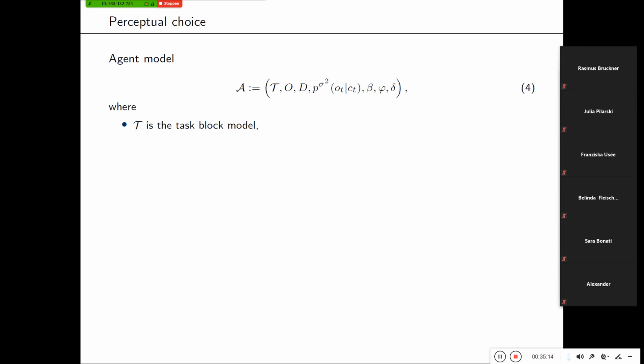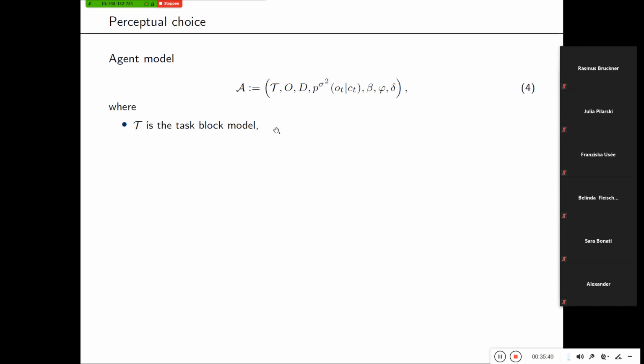So what we assume that the agent has access to is not the state, but the contrast difference, because we assume that it can, based on the contrast difference, make some reasoning about the state. And hence, this is why this agent needs certain aspects of the task, and what it specifically needs is this contrast difference. So this is why in this case I embed the task block model or the task model in there to allow certain access.